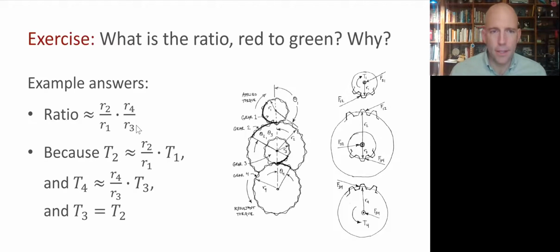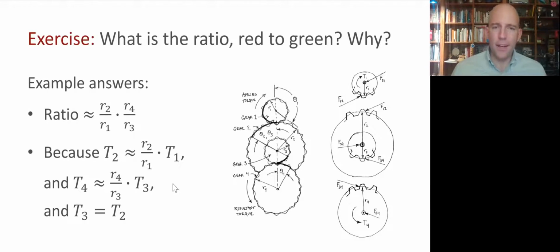And the way I like to think about this is that the torque on the second gear is the radius of the second gear divided by the radius of the first gear times the torque on the first. And that's exactly the same as in our first problem. And that same relationship will hold for the second set of meshing gears. Tau 4 is about equal to R4 over R3 times tau 3.